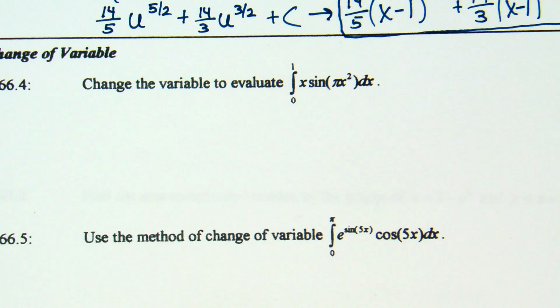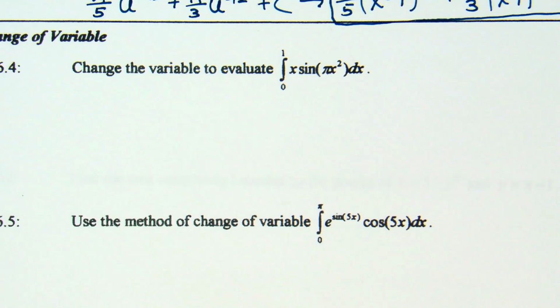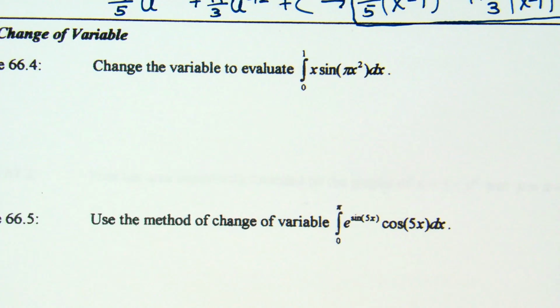It's like 8. Okay, so change the variable to evaluate the integral from 0 to 1 of x sine of pi x squared dx. Okay, let's start the same way we have been. What's u going to be? What's my inside?